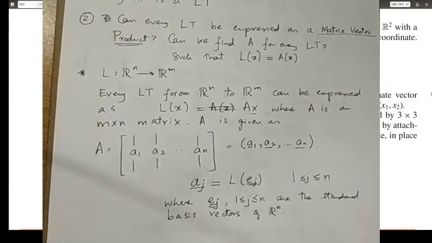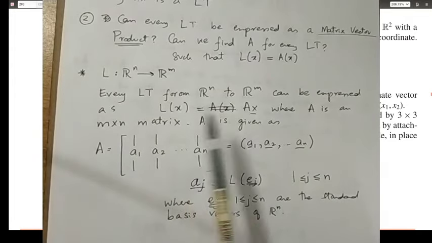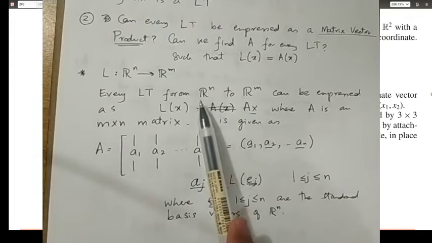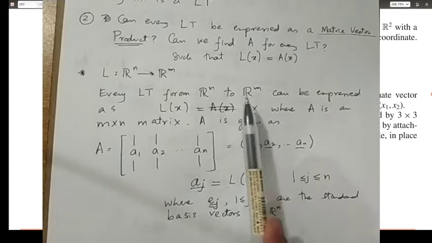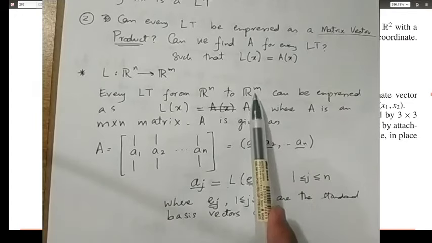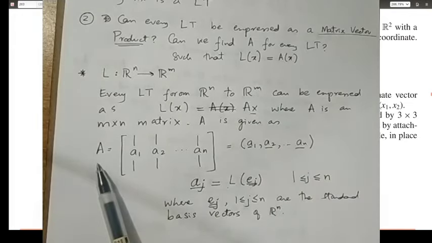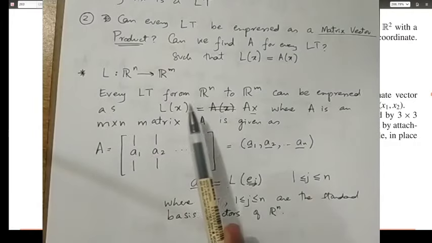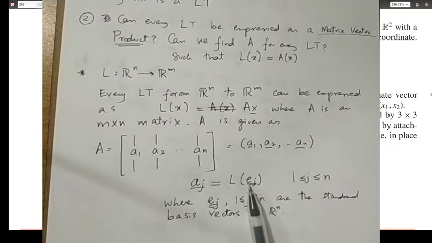So I've just claimed that if you have any linear transformation from an n-dimensional real space to an m-dimensional real space, all you need to do to find this matrix A is find out what the linear transformation does to the standard basis vectors, from 1 to n.